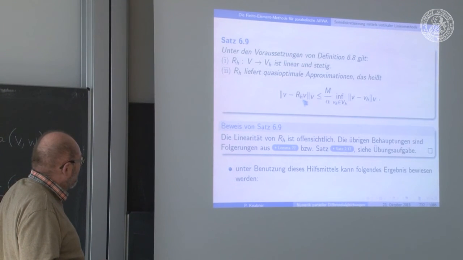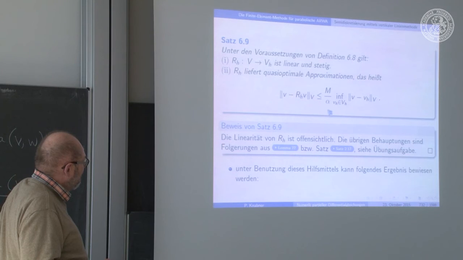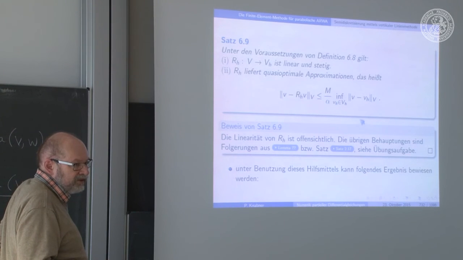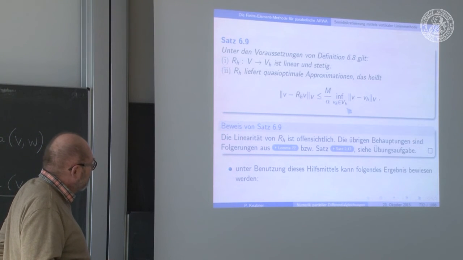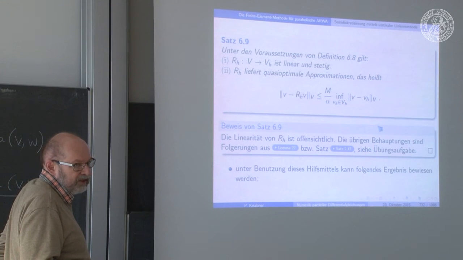That is, the error can be estimated by M over alpha, M being the continuity constant, alpha being the V-ellipticity constant of the bilinear form, times the infimum of all the approximation errors of the finite dimensional space.